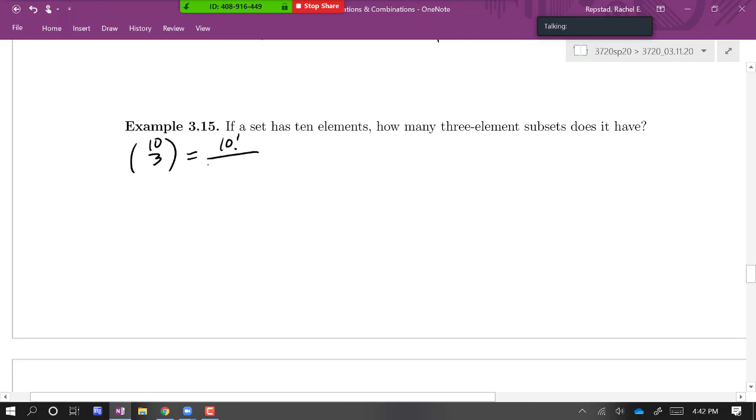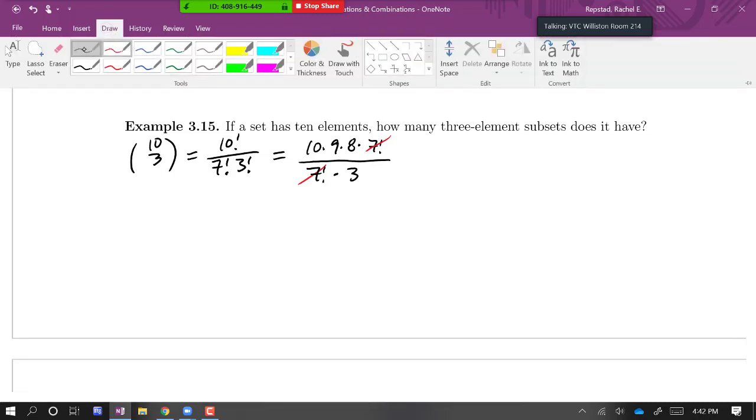Using the formula, 10 factorial over 7 factorial times 3 factorial. I don't know if I necessarily need a calculator for this. 10 factorial contains 7 factorial as a factor. And 10, 9, 8, 7 factorial, those will cancel. 3 factorial, you know what, I'm going to go ahead and write that as 3 times 2.